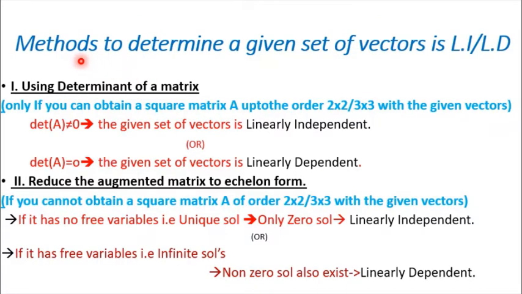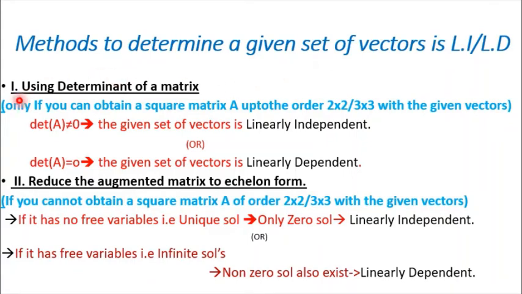Before, we looked at unit vectors, which are linearly independent. But suppose other than unit vectors, any other vectors are given in a vector space, how do we check whether the set of vectors is linearly independent or dependent? Here I have methods to determine this.